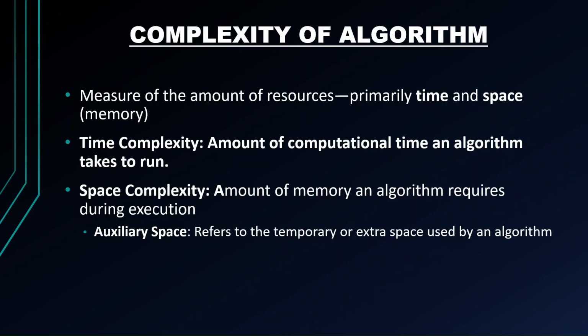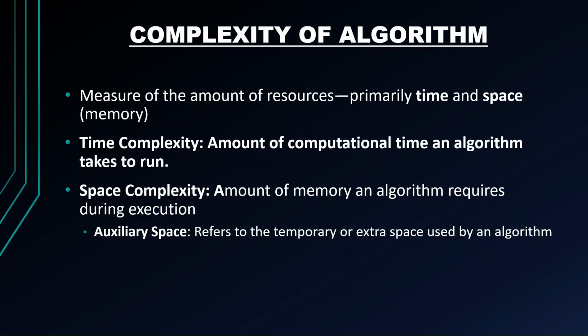Instead of measuring actual time required in executing each statement in the code, time complexity considers how many times each statement executes, whereas space complexity quantifies memory usage.